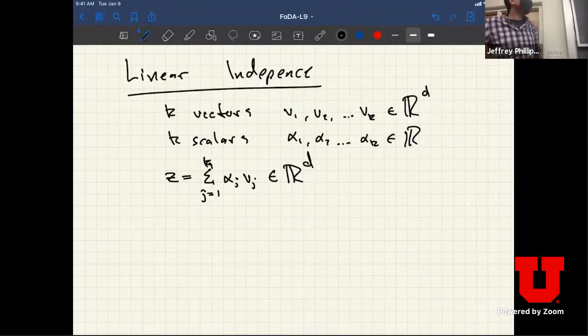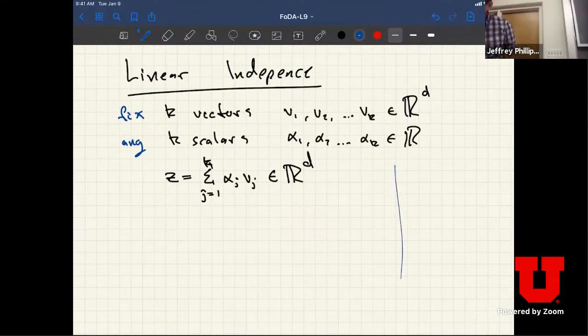What's interesting to think about is if I fix these vectors, and I say I'm allowed any of the scalars, then I'm thinking, what z's can I possibly get? What are the z's I can get here if I fix the vectors, but I say I can scale them in any way I want? There's kind of a preview here.